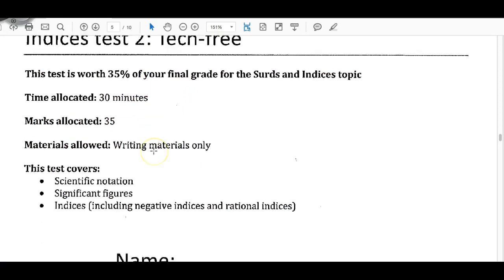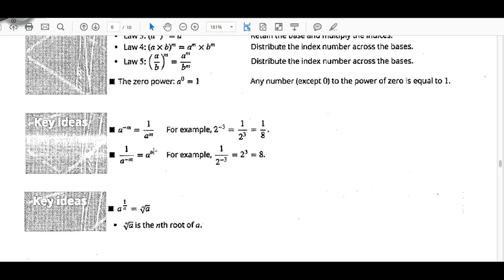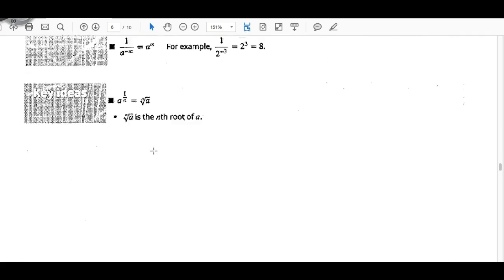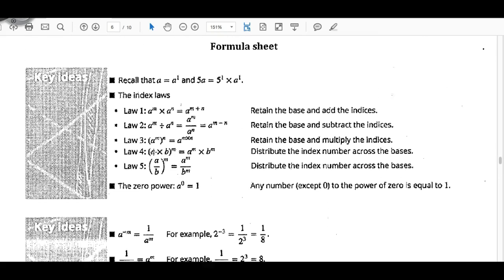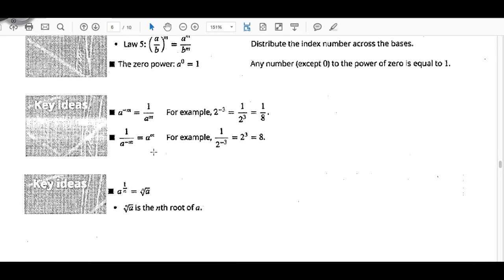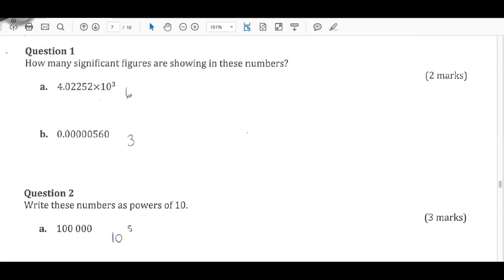There's 30 minutes for this test and 35 marks allocated. Now this one you don't have your bound reference or your calculator, but you do have a formula sheet. So here are your formulas, just basically the index laws. I'll go slower so you can pause it to see what you will have straight from your textbook. And then we'll move into the questions.